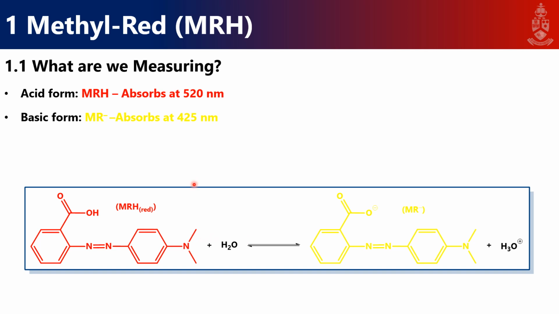Okay, and of course, as I've already said, we have the two different wavelengths at which these two absorb, and you will determine on your day in the lab what these specific wavelengths are. Of course, these are approximate. It won't exactly be 520 and exactly 425 nanometers. You will determine that on the day for your experimental conditions.